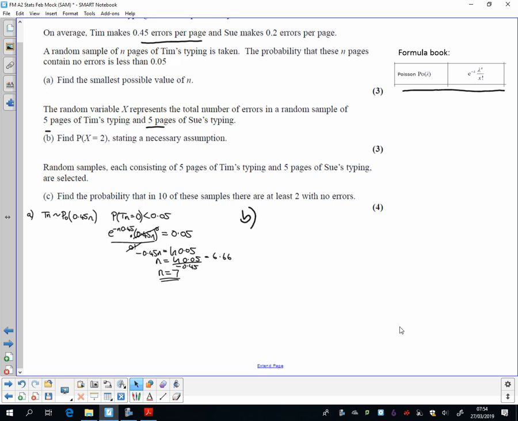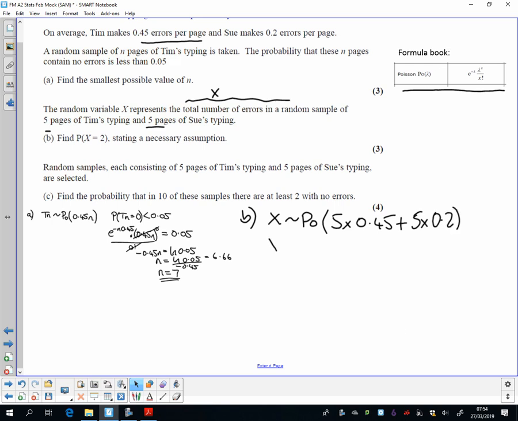I'm going to say x is the number of errors in a random sample of 5 pages of Tim's typing and 5 pages of Sue's typing, and then x is going to come from a Poisson distribution. So 5 pages of Tim, we can scale that up. And remember, if we've got 2 independent Poisson distributions, we can add their means to get the overall mean. So 5 pages of Sue's typing.